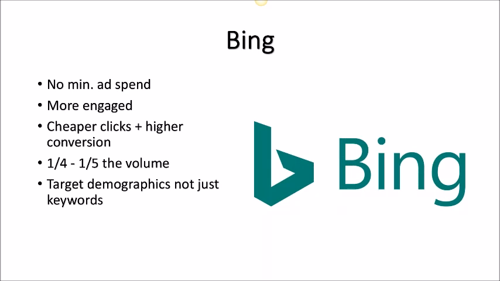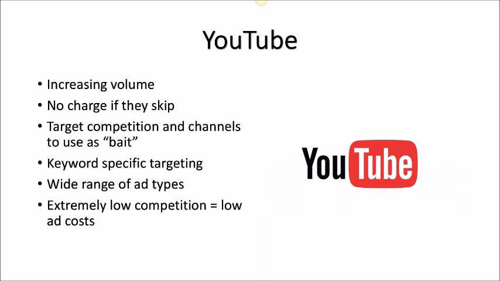So I can go in with specific age groups and say, yes, I only want them to see my ad when they type in this keyword for search, but I also only want to target individuals in, say, the 35 to 48 age bracket. So you're not wasting time and money hitting age groups that just aren't going to be high conversion for whatever niche you're focusing on. So that's yet another big advantage. And you can do more than just age targeting when I say demographics as well. So just keep that in mind.